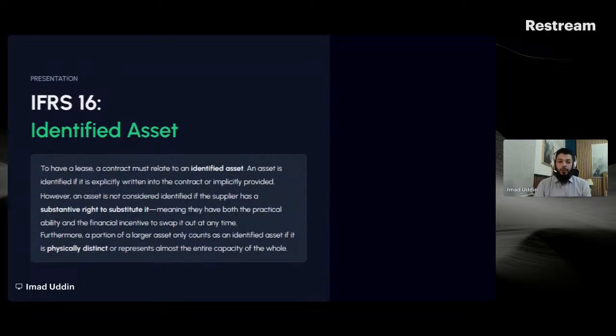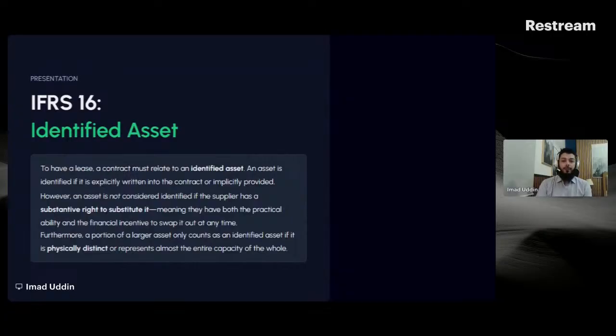However, an asset is not considered identified if the supplier has a substantial right to substitute it. So this is, again, another definition killer, another loophole in the definition. If there is a substantial right to substitute it, then even if everything else in the definition is met, it's not a lease.